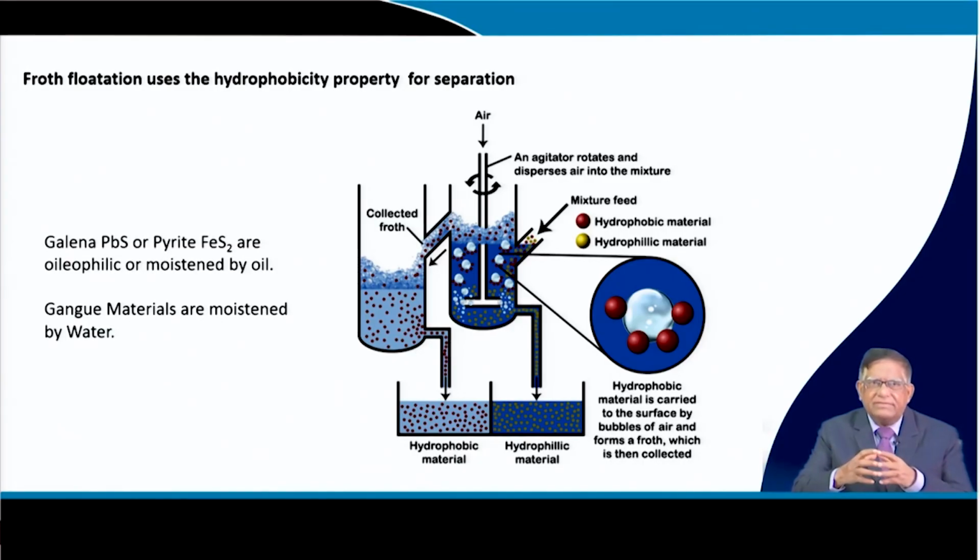But basically, component wise, you can think of it with this diagram. We are doing this mainly for the hydrophobicity or oleophilicity: lead sulphide or iron sulphide, pyrite or galena, get moistened by oil, and the gangue material is moistened by water.